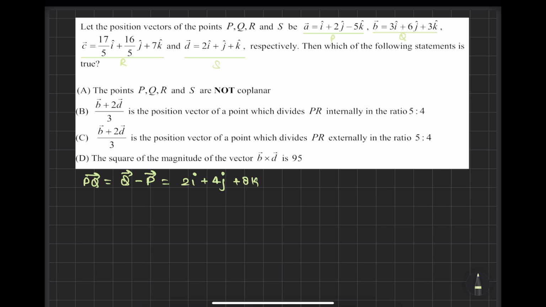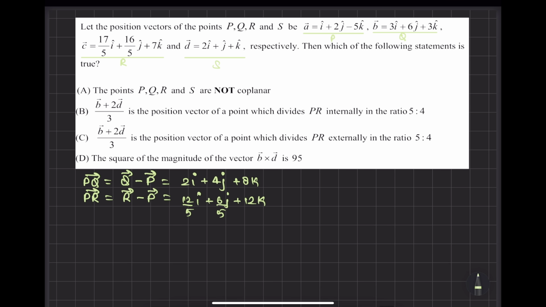Can you find out the PR vector? So it is R minus P. Okay, so 17 by 5 minus 1, so it is 12 by 5 i, then it is 6 by 5 j, then it is 12 k.